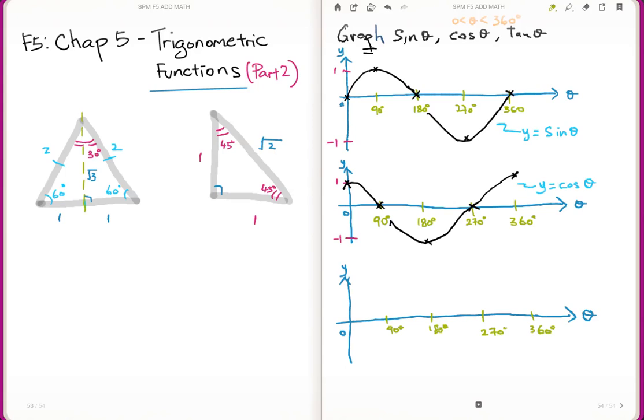Now, for tangent, that would be a little bit different, because for tangent you have something called an asymptote. An asymptote is where at 90 degree you have a dotted line. This is an infinity line that the curve will not touch. There is no value for tangent 90 and tangent 270, and the graph should look like this.